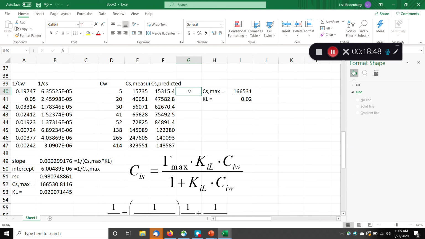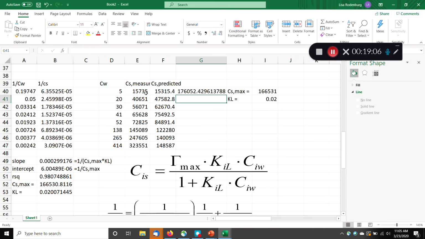We could calculate our squared residual. Our residual is the difference between our prediction and our model, and then square it. It doesn't matter whether you do predicted minus measured or measured minus predicted because you're squaring it. So this is our squared residuals.